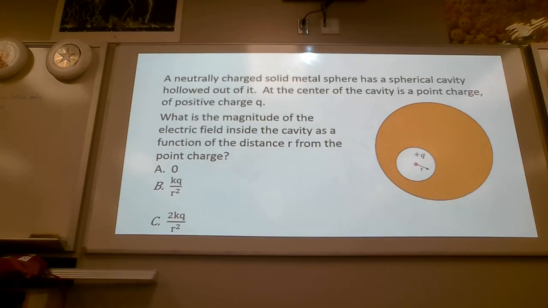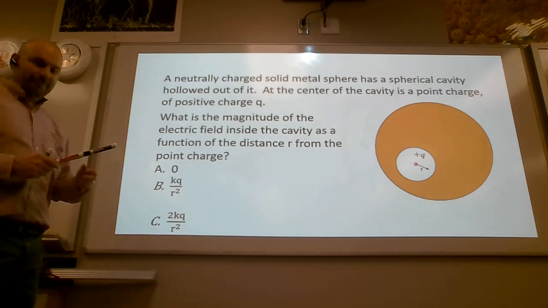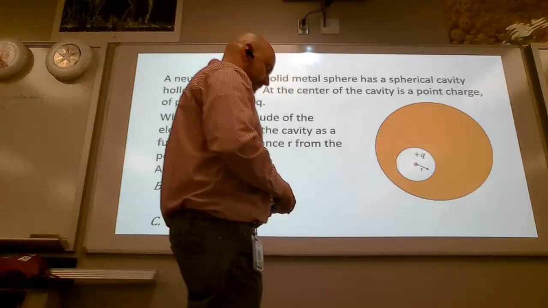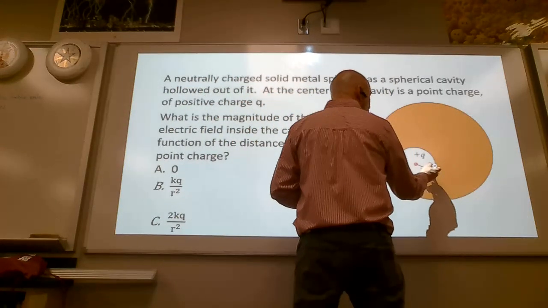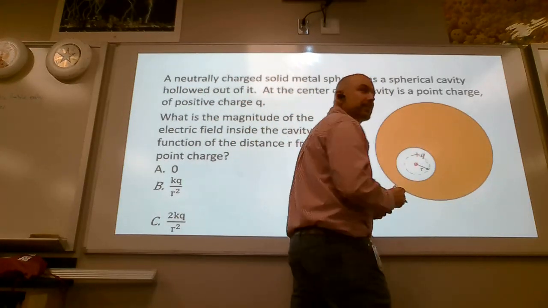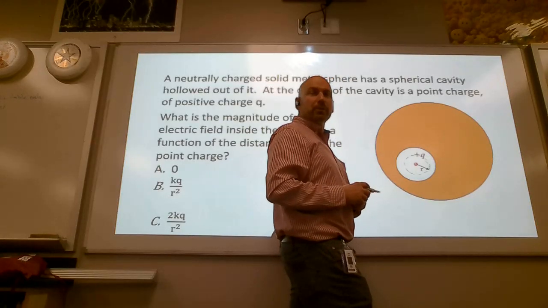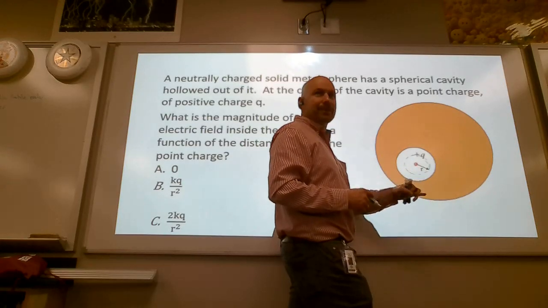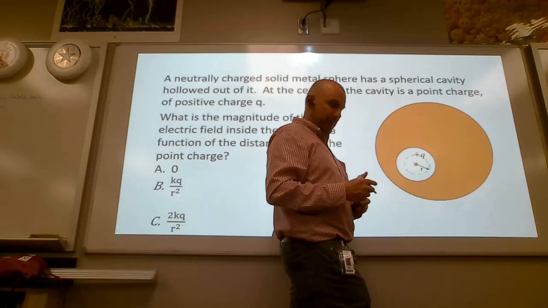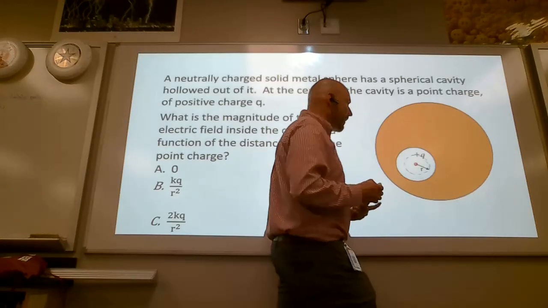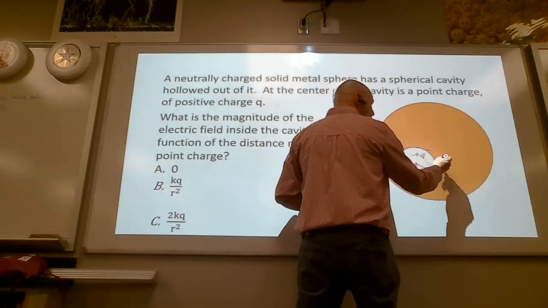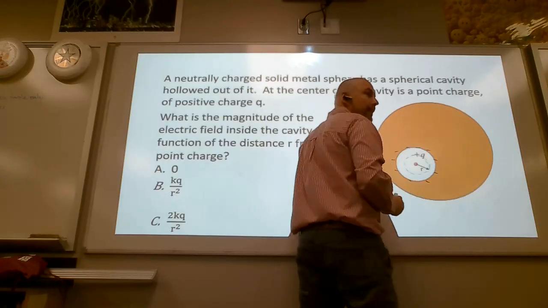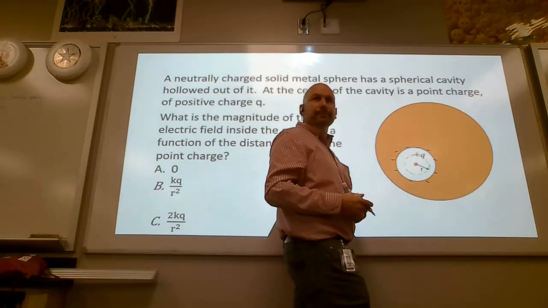Correct answer is B. Okay. Here's why. We draw one aspect. We draw a Gaussian surface. Total enclosed charge is Q. Just a circle. Point charge. Well, then you ask yourself, well, what about the electrons? Well, this is like a hollow planet.